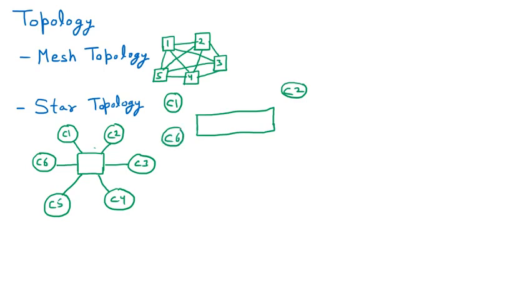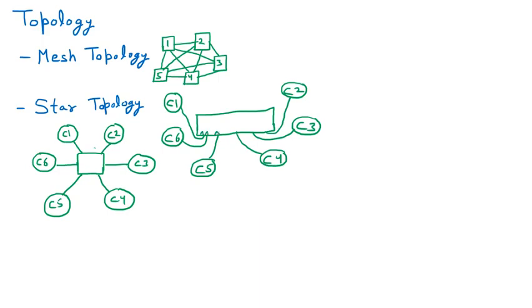I am giving the resemblance of the previous diagram to tell you the concept, and C4 is here, and there is C3. Now there is no single point where we can connect everywhere. So let us suppose C1 is connected here, C6 is connected here, C3 is connected here and C4 is connected here. So these are the ports.